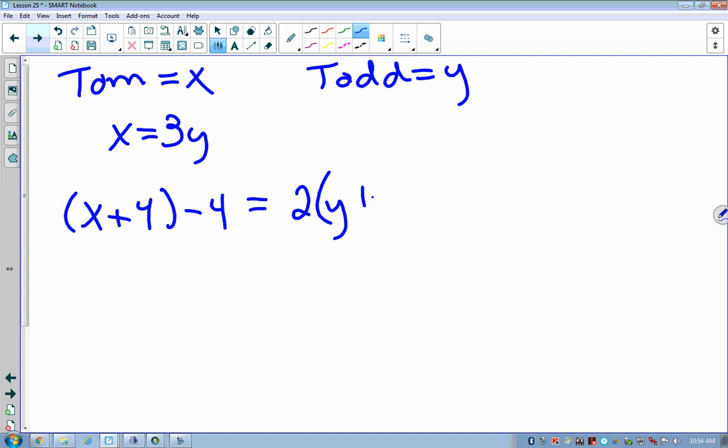Keep in mind this, because you can't just put 2y plus 4, right? You'll end up with the wrong thing. His age is plus 4. Okay, so we've got x, I mean, just x, right? X equals what? 2y plus 8. 2y plus 8. Okay?